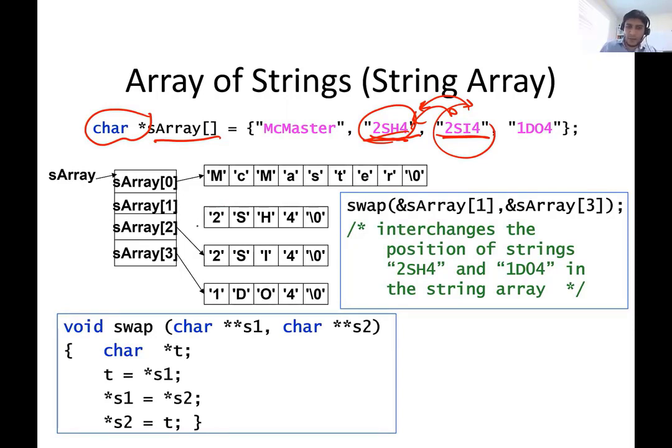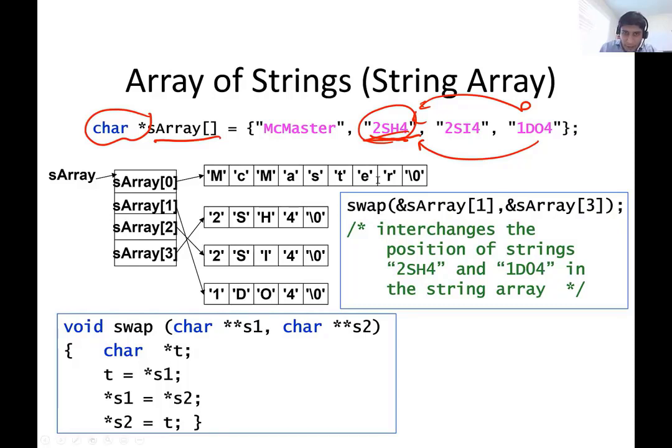So what I would do is take this into a temp pointer, and then make this one point to this one, right, through the temp. By just doing this, we change their order in the pointer array, which means now 1D4 comes first before 2SH, right?